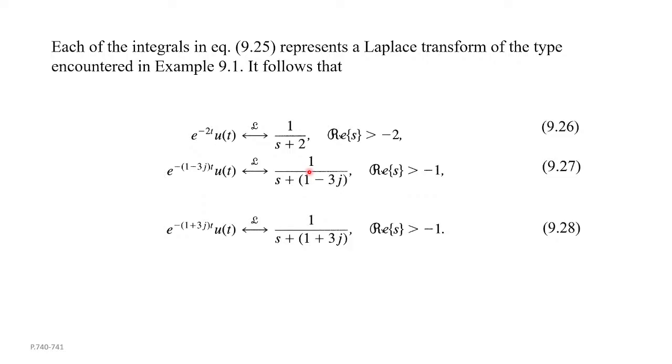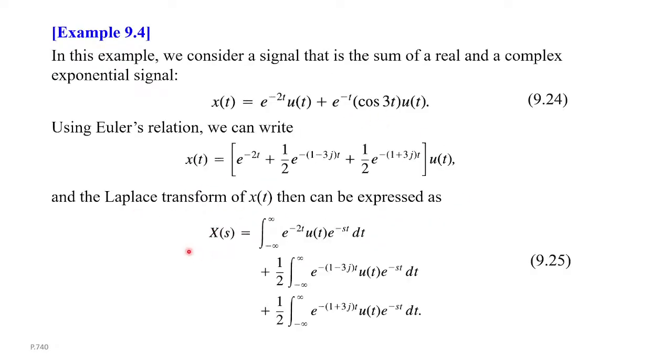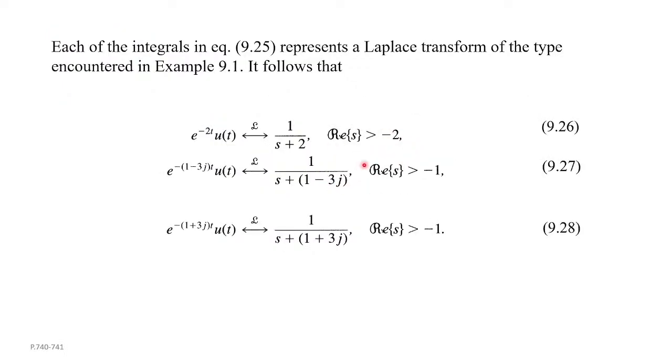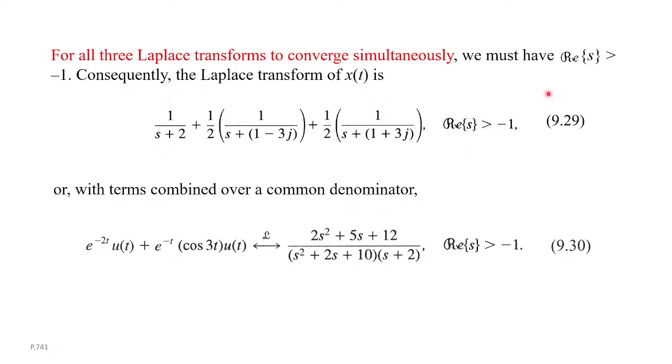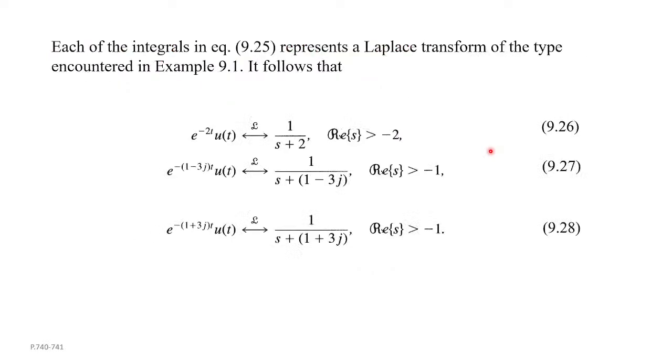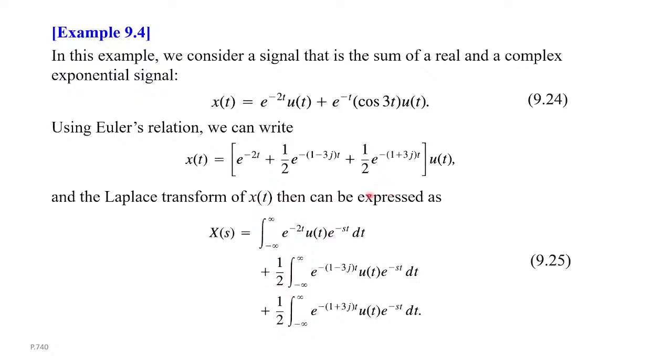Any question? So for those three functions, we have the 3 Laplace transforms and corresponding 3 regions of convergence. Now if we want the region of convergence of the whole thing, you want the intersection of those 3, and you find that the real part of s is bigger than negative 1.